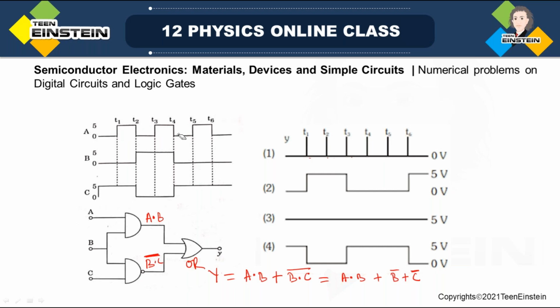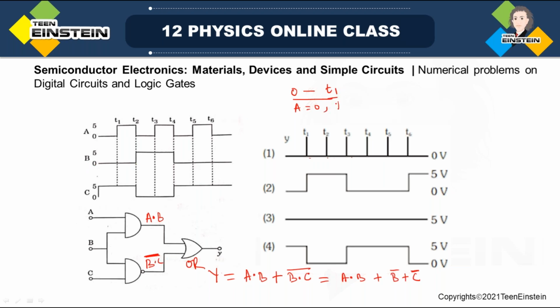Let us take the interval 0 to T1. In this interval I am seeing what the inputs are. A is at low level, that means A is 0. B is also 0, because it is 0 up to T2.